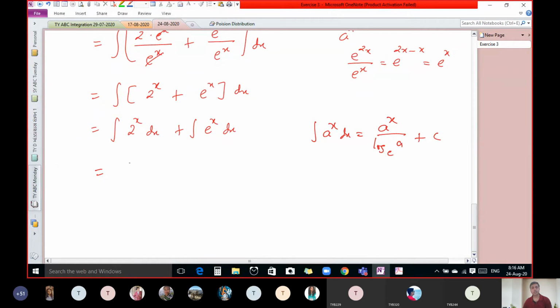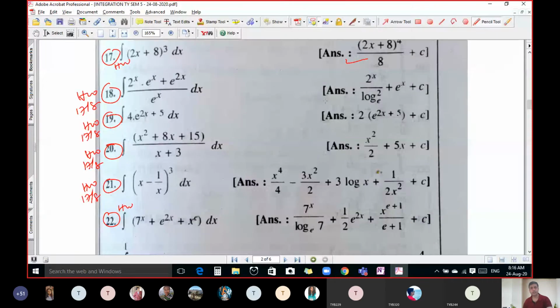So the answer for 2 raised to x is 2 raised to x upon log 2 base e, plus integration of e raised to x, which is e raised to x, plus c. So if you know the result, then it is not difficult. So 2 raised to x upon log 2 base e plus e raised to x plus c. That is the answer for question number 18.